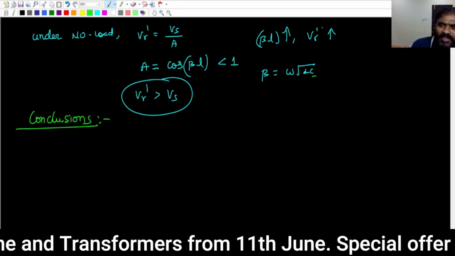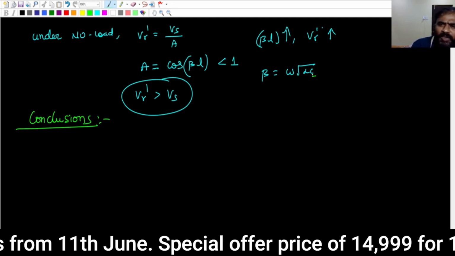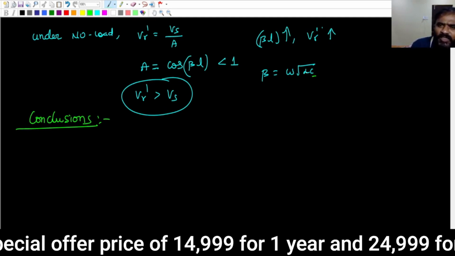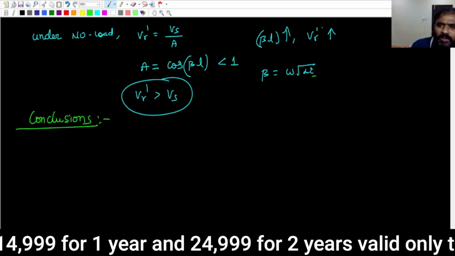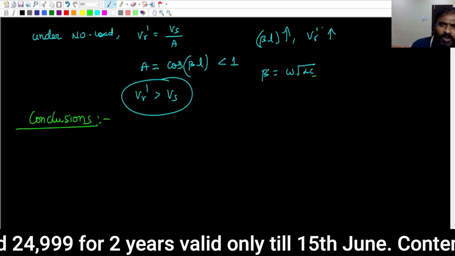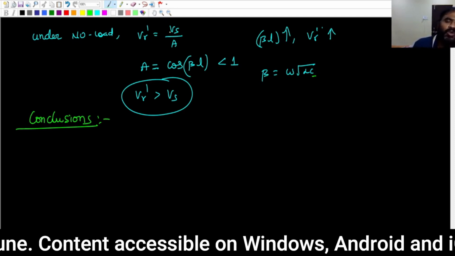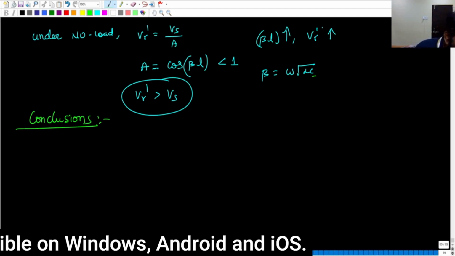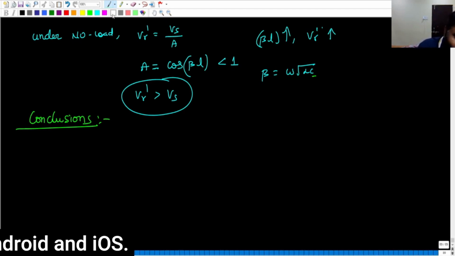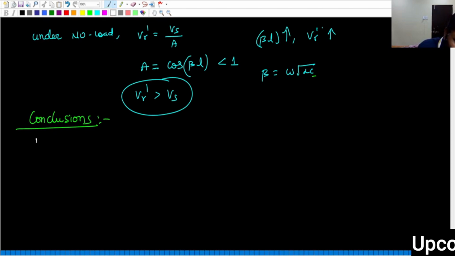If I say inductance is anything and the Ferranti effect is not changing, it's not good. For example, inductance 0, beta 0. What is the meaning of beta 0? Cos 0 is 1, VR dash equal to Vs. So no Ferranti effect. That's why technically I say both inductance and capacitance are responsible for the Ferranti effect.